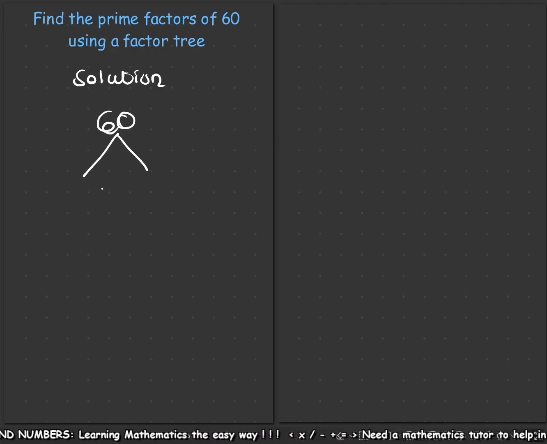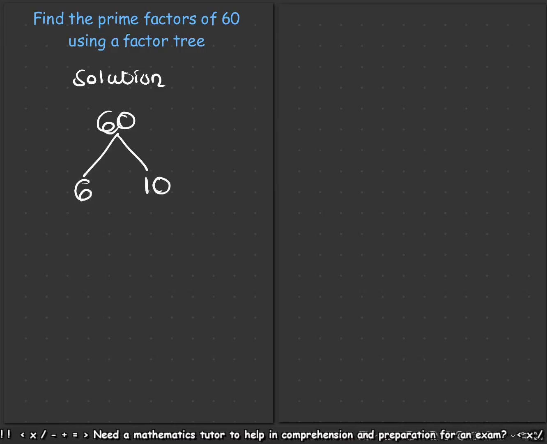In this case, I can easily say 6 times 10 gives me 60. So I write my 6 over here, then my 10 over here. So far as the number is not a prime number, you can still form a branch out of it. But if the number is a prime number, you end there. It cannot form any other branch.